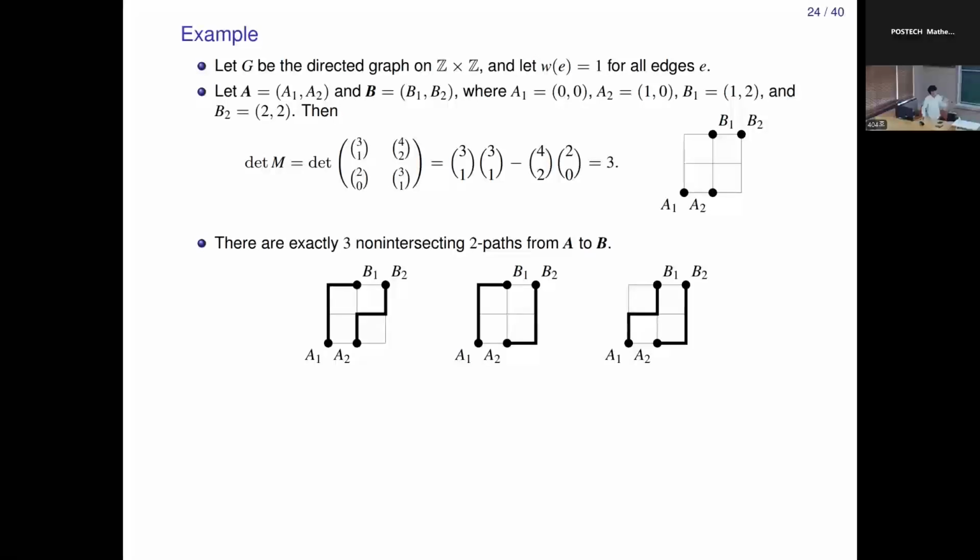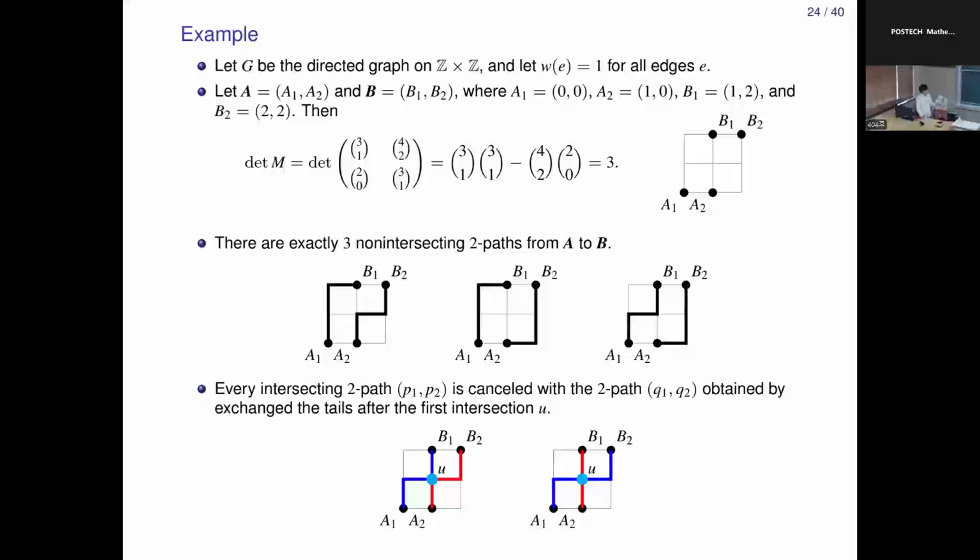And the intersections can be understood in this way. Whenever we have an intersection, we can change the pairs after this intersection. And then the number of such intersecting paths is exactly the number of paths from A1 to B2, and A2 to B1. Here I just swap the paths after the intersection. Then the ending points are swapped.